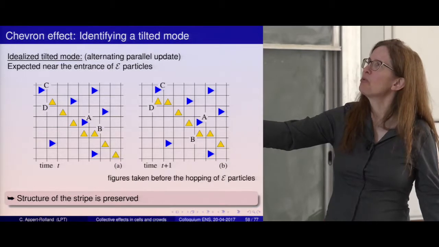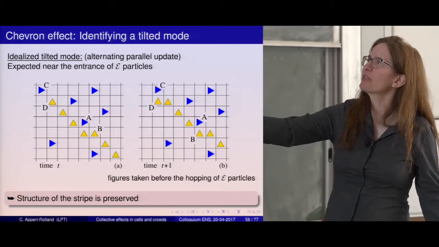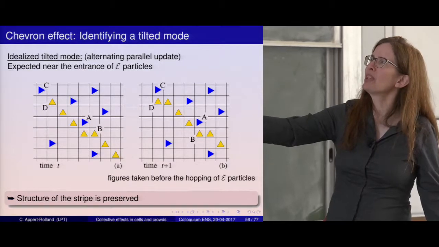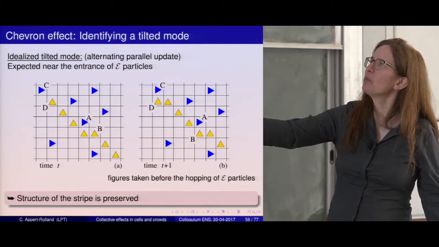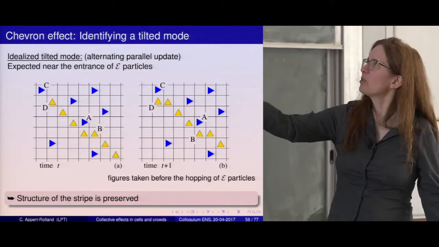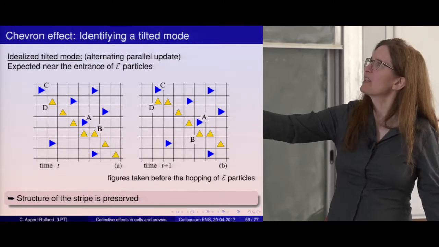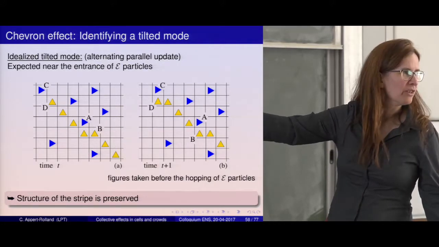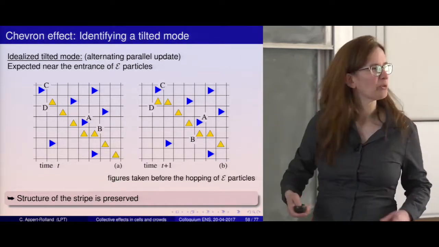Now imagine the blue move, so the A goes here. And then at the next time step, the yellow cannot move the B because there is somebody in front. So the kink will move in this direction to the right, while all the yellow go up. So at the next time step, you have exactly the same structure. It just moved one step to the right.